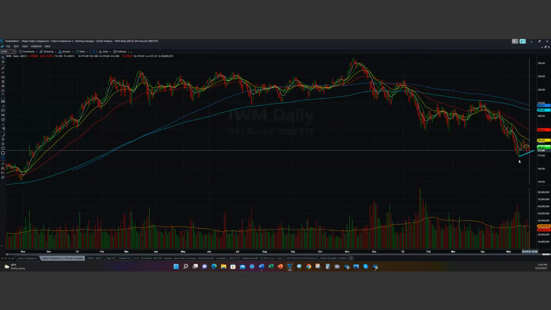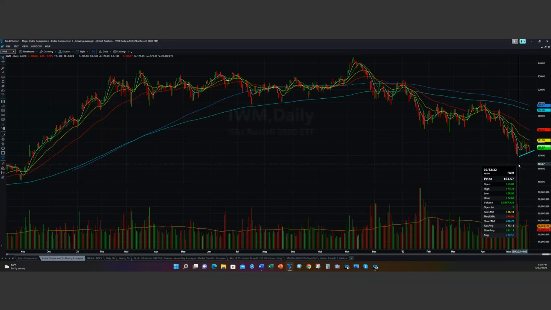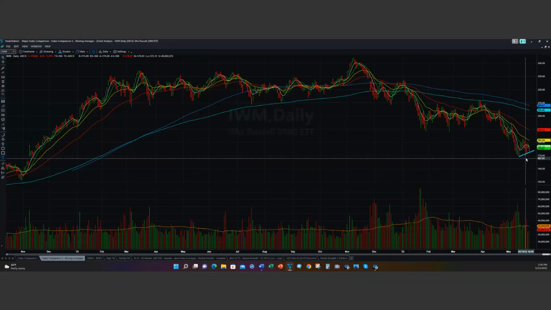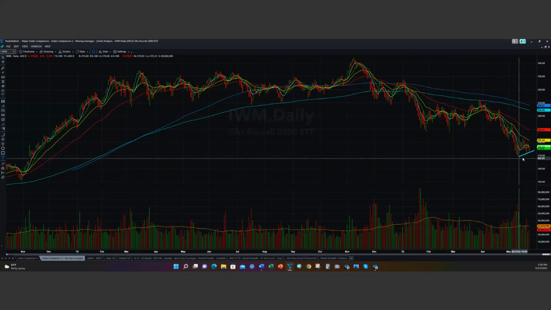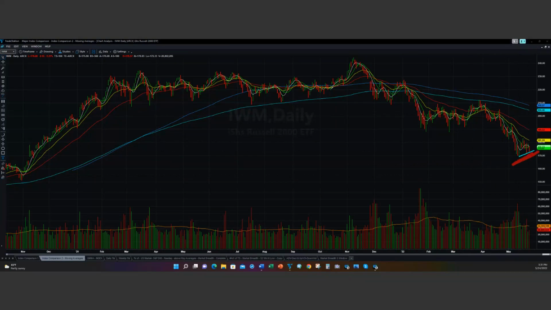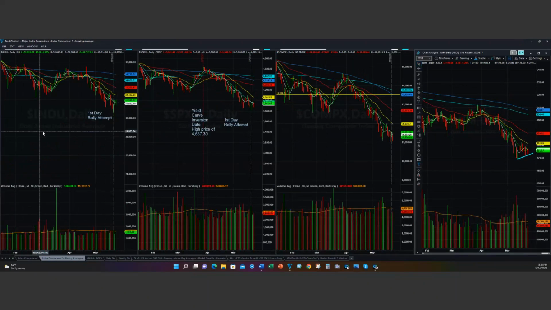It made a higher low in the most recent trading action. We're talking about from May the 12th to now. May the 12th, it made a low on May the 20th, but it was still a higher low. If you look here, you can see it's a higher low. The IWM is making a higher low, but that's a non-confirmation with the Standard & Poor's, the Dow Jones, and the Nasdaq.